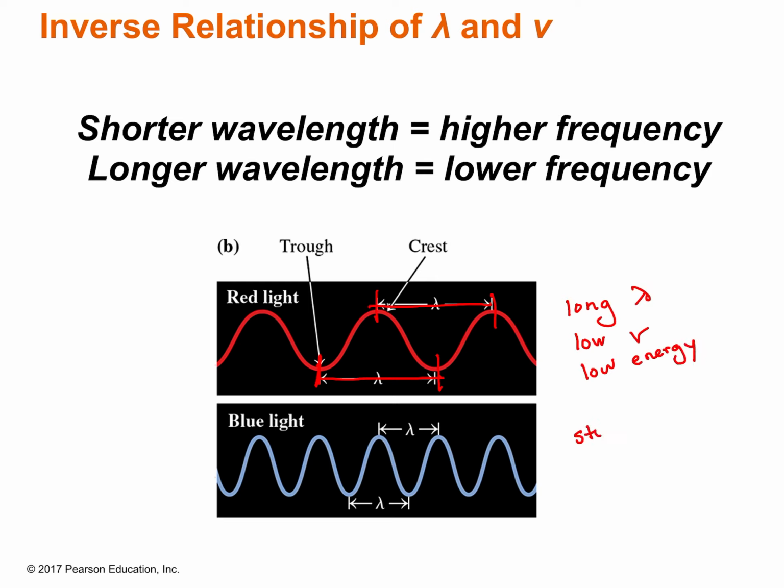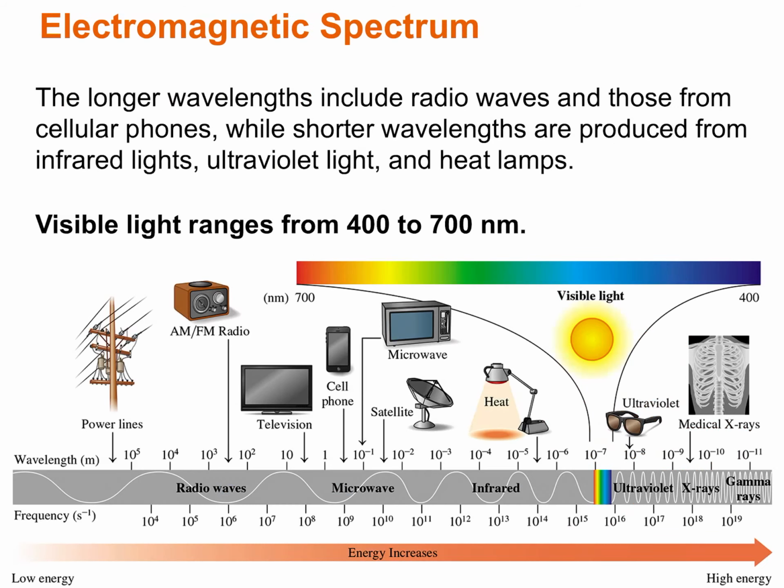Okay, blue light has a shorter wavelength. So if we have a shorter wavelength, then we are going to have a higher frequency, which means this is going to be higher in energy. Okay, so we can tell all of this information from the wavelength, right? If it has a long wavelength, then it's going to be low frequency, low energy. If it has a short wavelength, it's going to be high frequency, high energy.